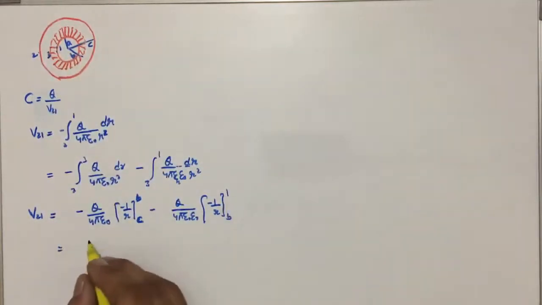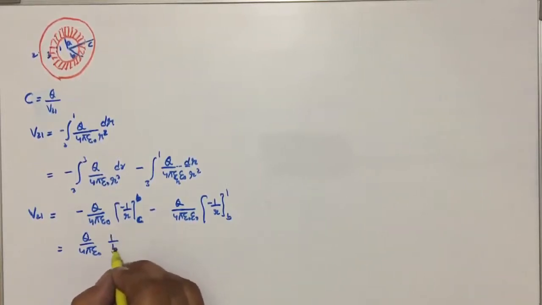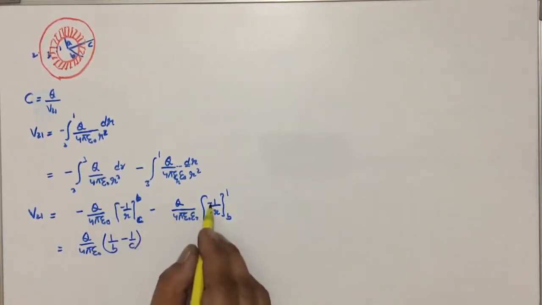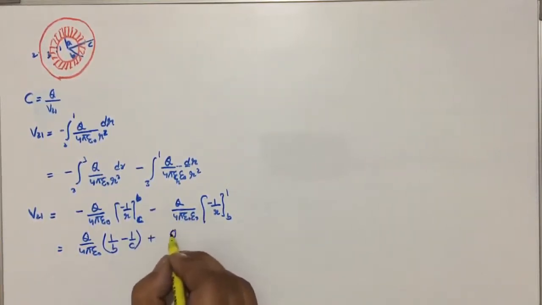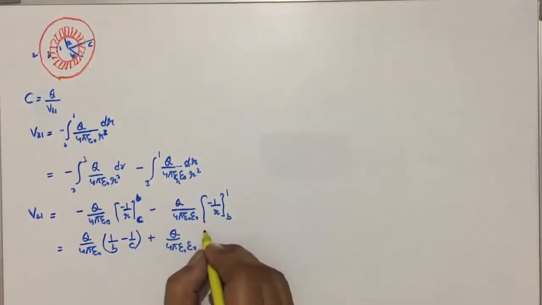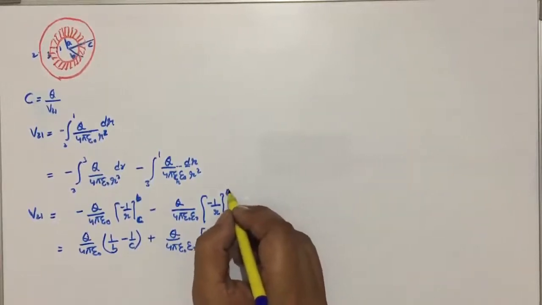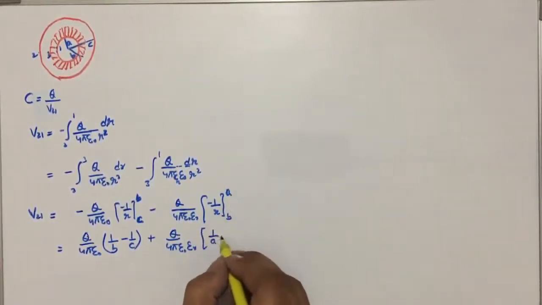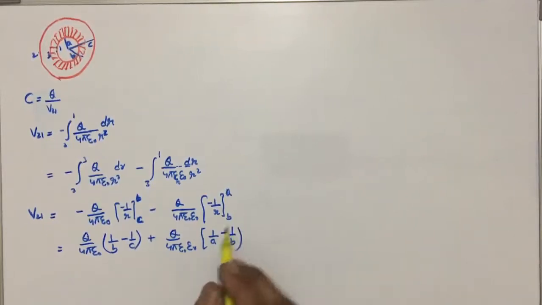Here we can take the minus outside, then it will be q by 4 pi epsilon naught, 1 by b minus 1 by c. Similarly from here we take it outside, then it will be q by 4 pi epsilon naught epsilon r, 1 by a minus 1 by b, as we have taken the minus outside.